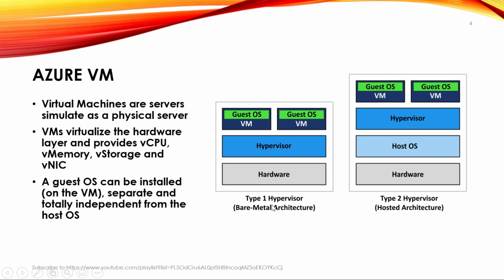So you can have your virtual machine running right here or here, it doesn't matter. You can have your own guest operating system on that virtual machine, and this virtual machine will be isolated from another virtual machine, and it will interact with the hardware over the hypervisor layer, which is part of the host operating system. Right? So that's how the virtual machine works.